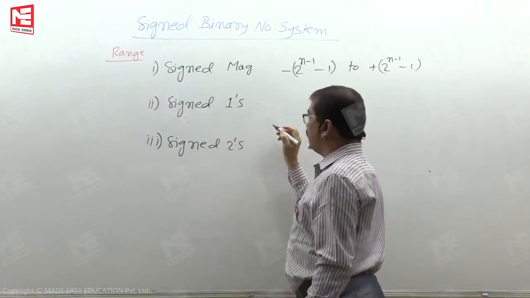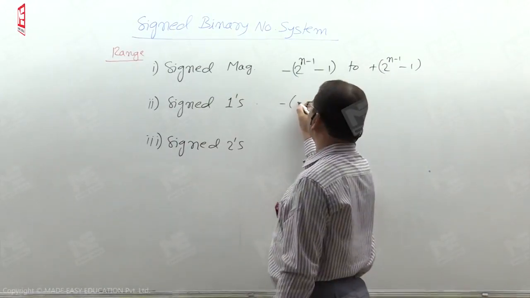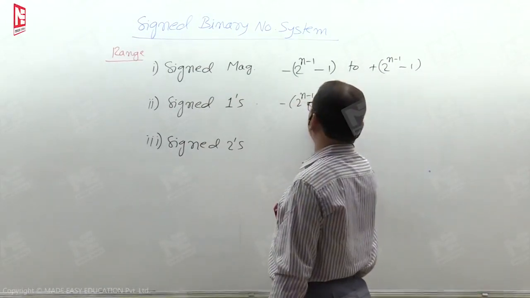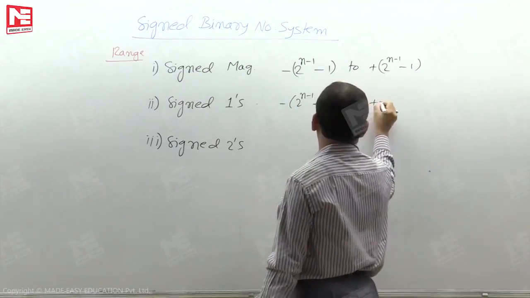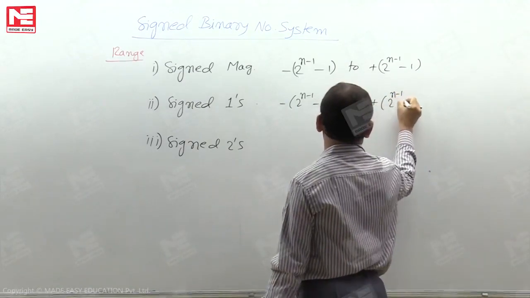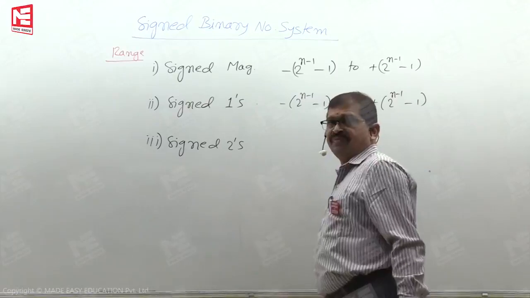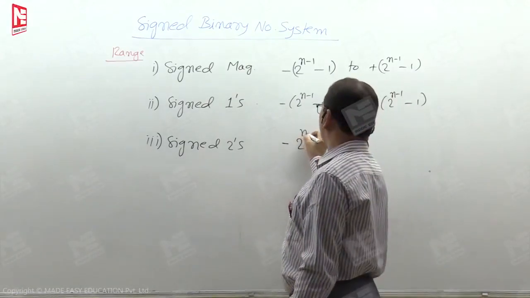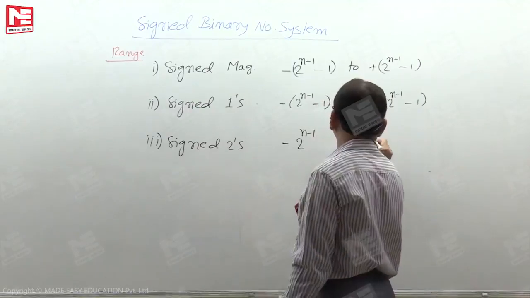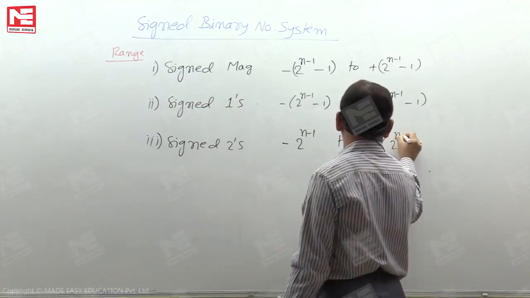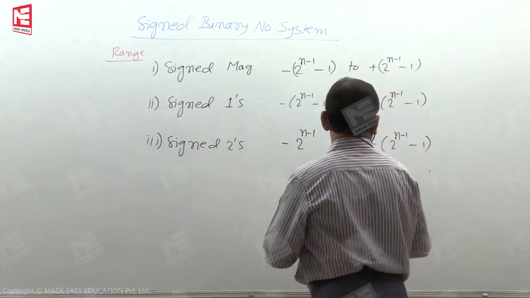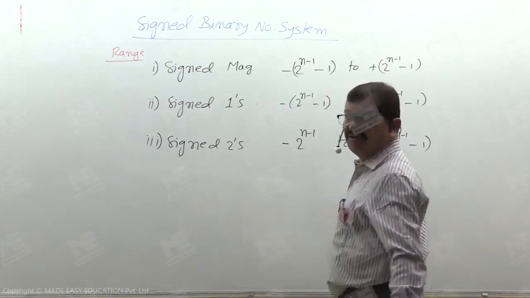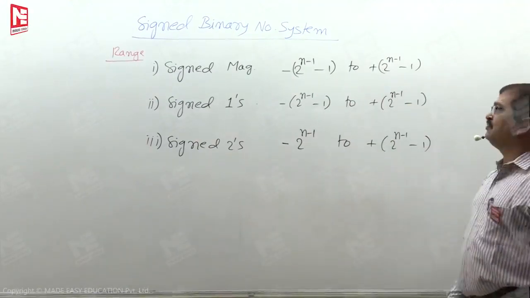In the sign 1's complement notation, the range is the same: minus (2 to the power of n minus 1, minus 1) to plus (2 to the power of n minus 1, minus 1). In sign 2's complement notation, the range is minus 2 to the power of n minus 1 to plus (2 to the power of n minus 1, minus 1). So this is the range of the numbers.